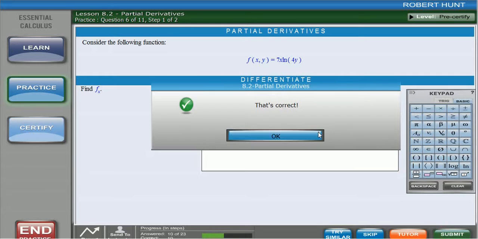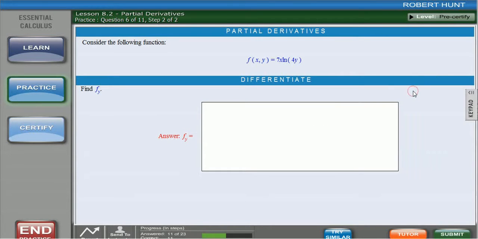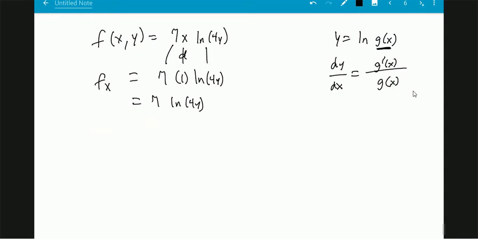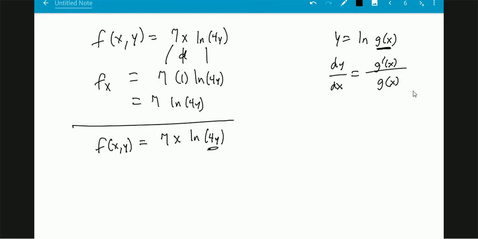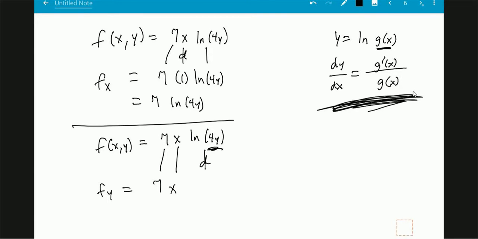Alright, step 2, derivative with respect to y. That changes things. Y is our variable now, and y is in the log. So we're going to have to do this rule over here on the right side. 7 comes down, x comes down. The only derivative I'm doing is for the y, and it's buried in a log.